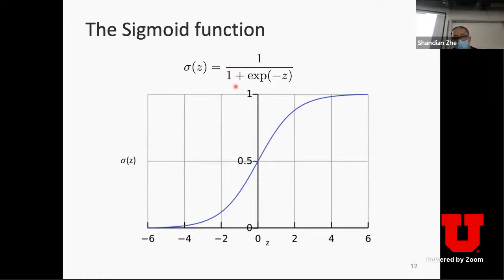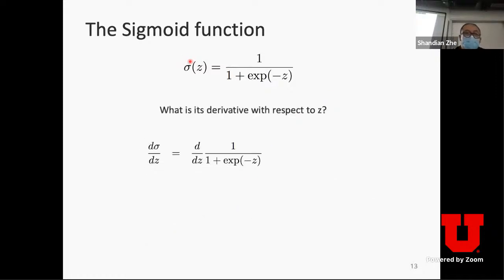But here we're going to only talk about logistic regression, meaning that we use the sigmoid. So now I want to give a brief review of how we calculate the derivative with respect to the input.